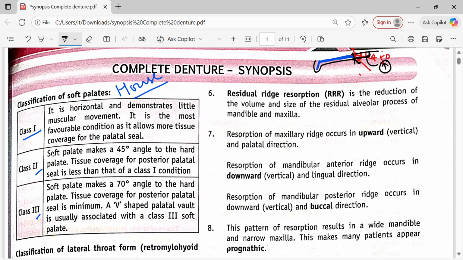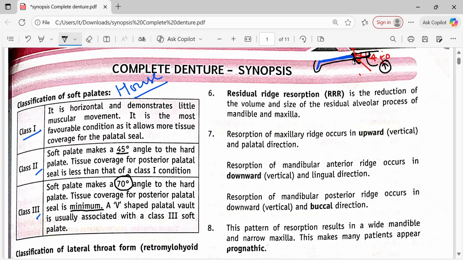So class 1 is almost horizontal and demonstrates a little muscular movement. Class 2 is 45 degrees, and tissue coverage of the posterior palatal seal is less than class 1. Class 3 is where the soft palate makes almost 70 degrees of angle to the hard palate, and tissue coverage of the posterior palatal seal is minimum.